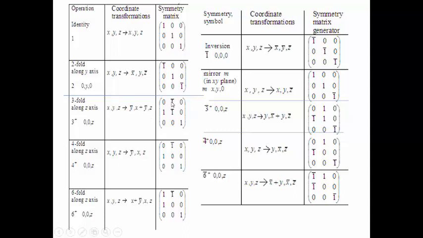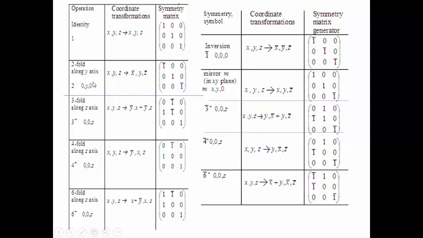So this becomes plus 1 over here, this becomes minus 1, this becomes plus 1, and the corner down here becomes minus 1. All of these matrices will have a determinant of minus 1, so these operations change handedness.